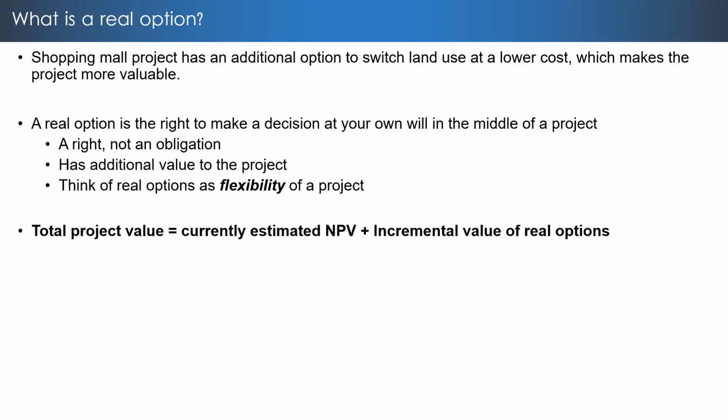So this is basically the value of a real option. Sometimes it is inherent in different projects, and sometimes it's very valuable. It's something that you really should take into consideration when you decide which project to take.